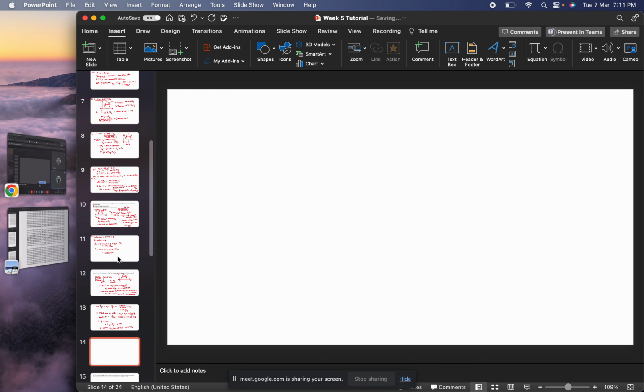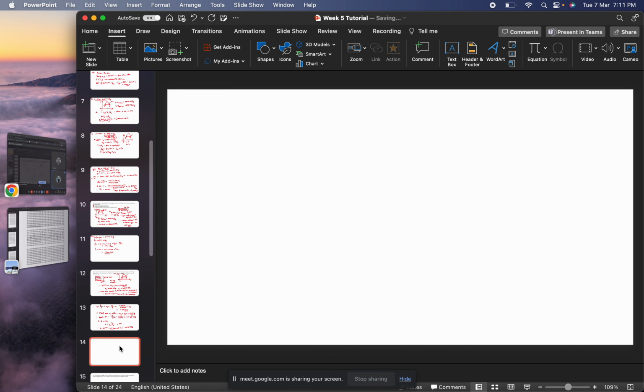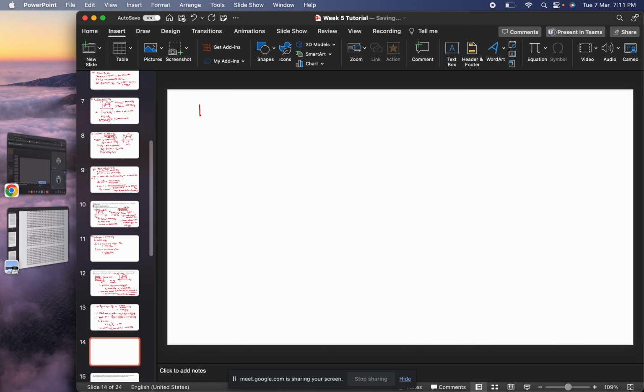Okay, then similarly you can find what I need to find. You need to find the enthalpy, you need to find the entropy. Now remember, this is the specific enthalpy, so in order to find the total enthalpy you have to multiply the mass. Okay, so what is the mass?